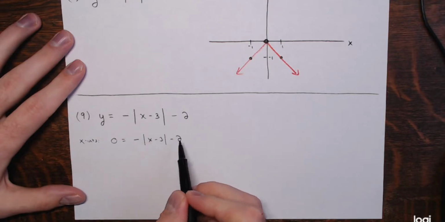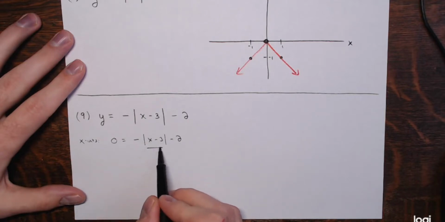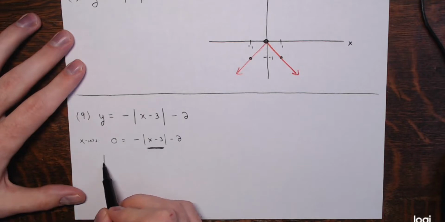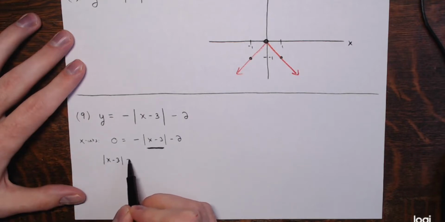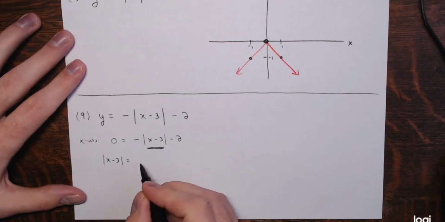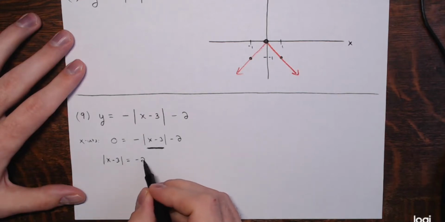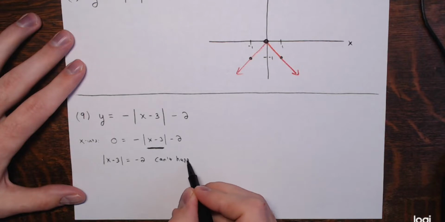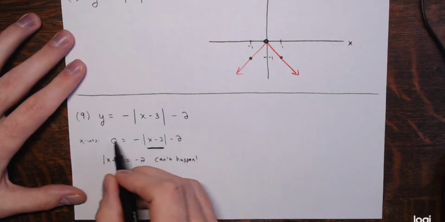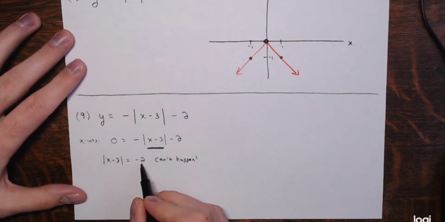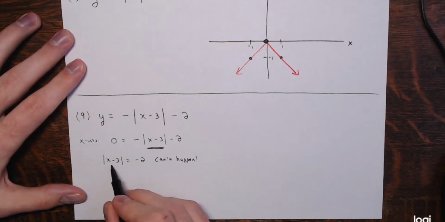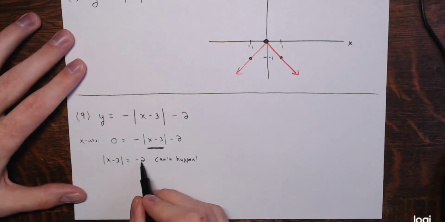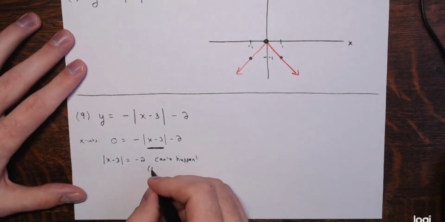Well, if you isolate the absolute value, the absolute value of x minus 3 would be equal to, well, actually, negative 2, and that can't happen. Because I would add 2, divide by negative 1, and you'd have negative 2 on the other side. And the absolute value of a real number can't be negative. So no x-intercepts.